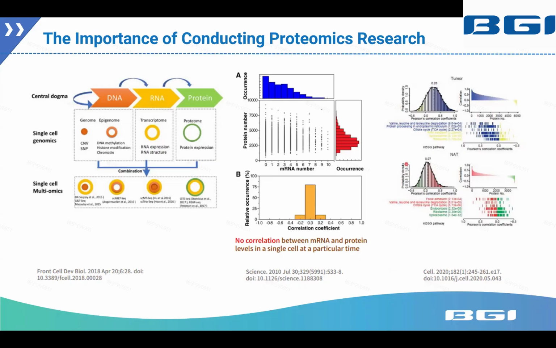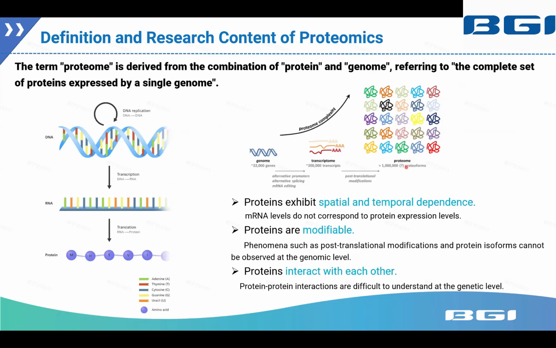About the proteome: the term proteome comes from combining protein and genome. It refers to the complete set of proteins expressed by a genome. The unique biological information carried by proteins cannot be replaced by the genome or the transcriptome.